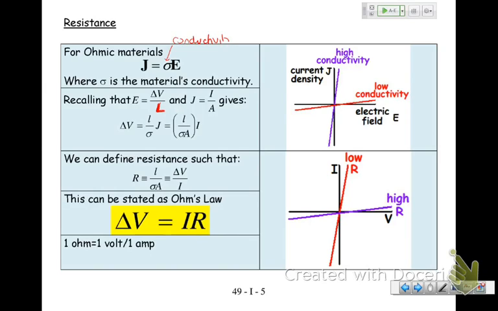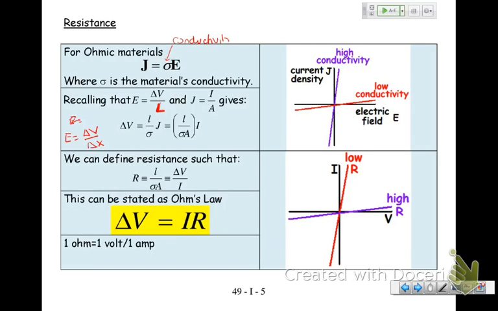So remember what we said? We said E is equal to volts per meter, delta V over delta X. Remember we did that last time? So that's where that comes from.